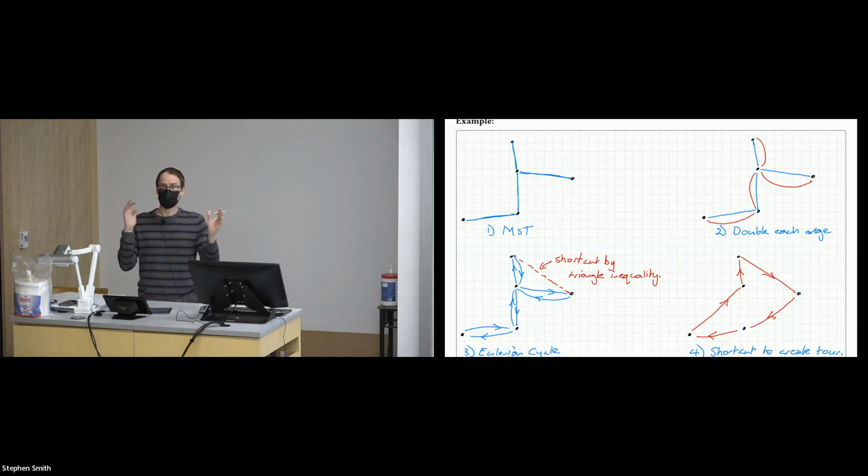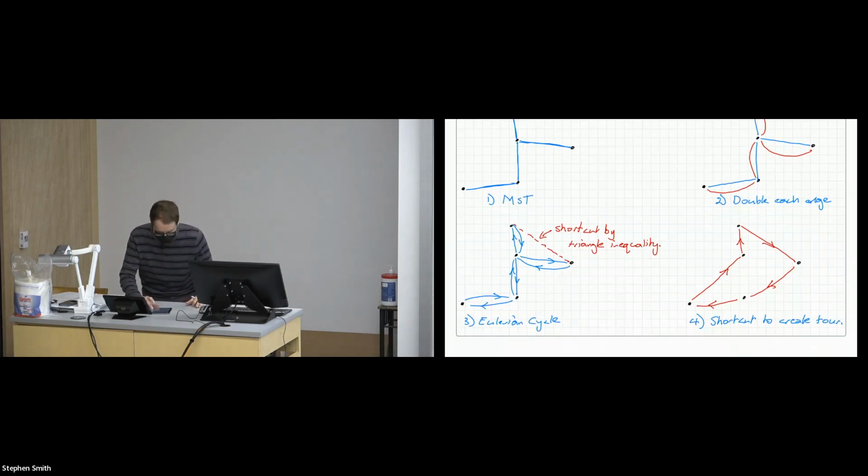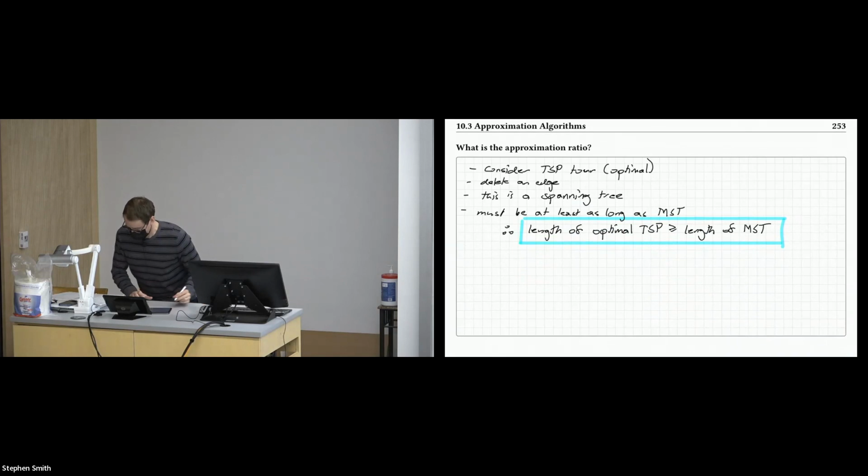So this is an approximation algorithm with a 2-factor approximation. Let me just write that out.